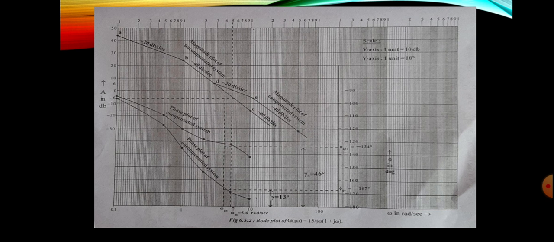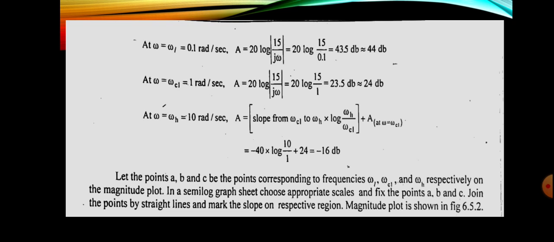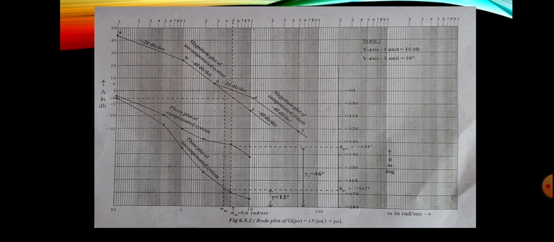Here 0.1 and 1 are marked. For our need, you can change the scale from this point, but here there is no need. If omega has different large values, you have to change the scale; then only you can include that point in this graph. Here there are only values such as 0.1, 1 and 10.